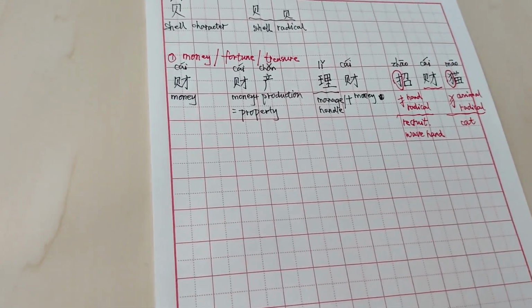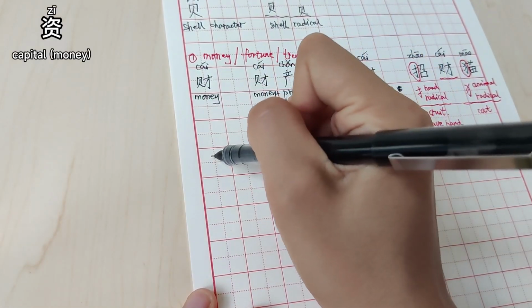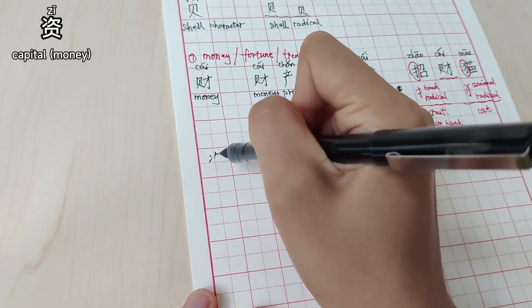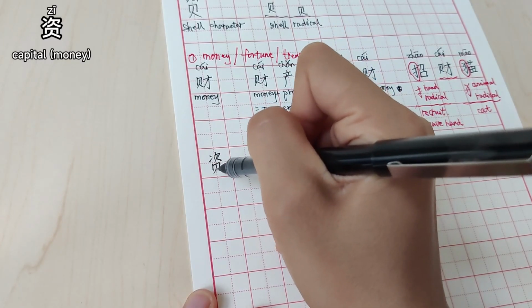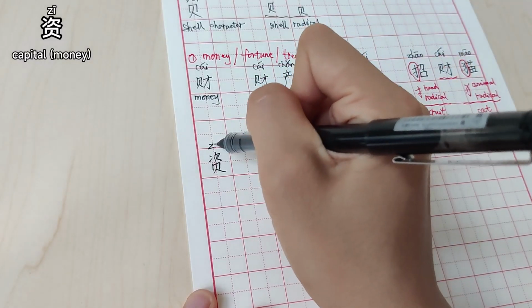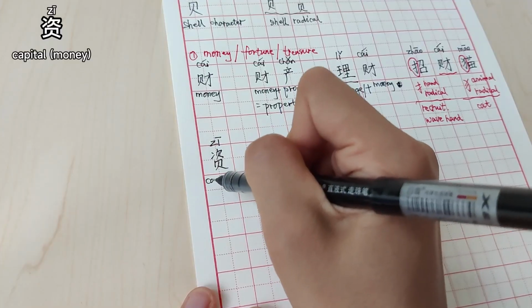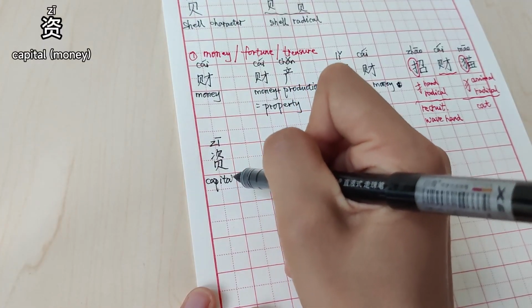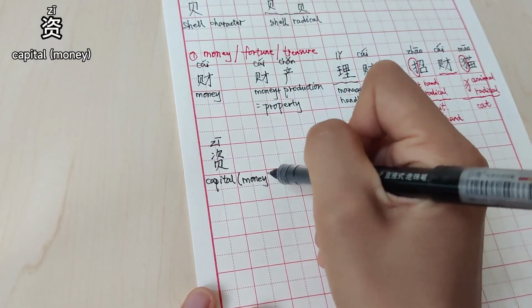Moving on to the next example, we have the shell radical at the bottom. 资, which means capital, the money.